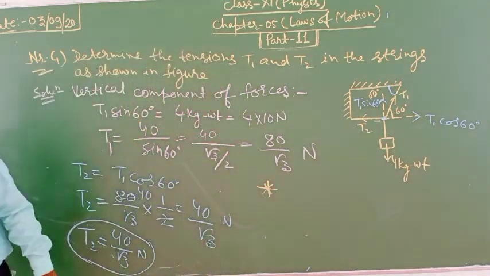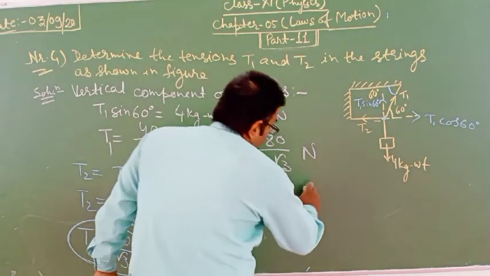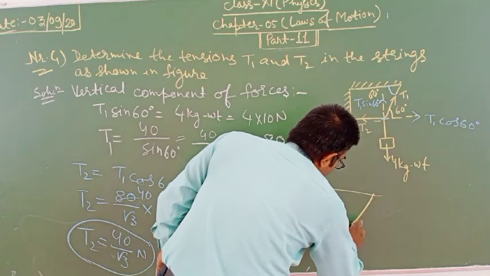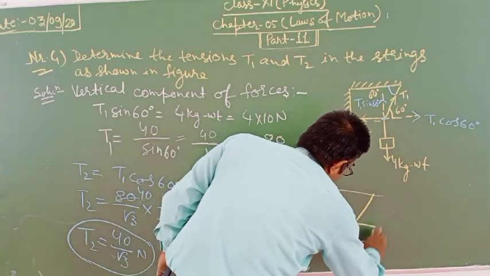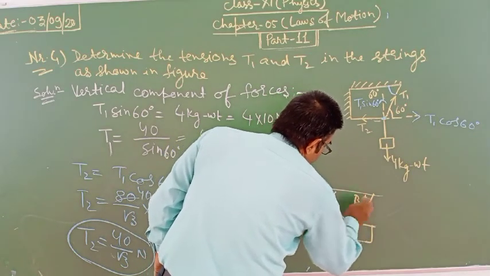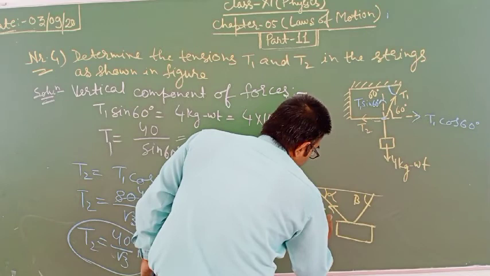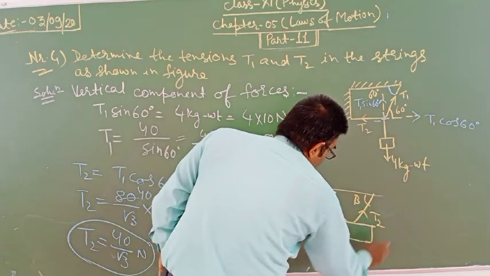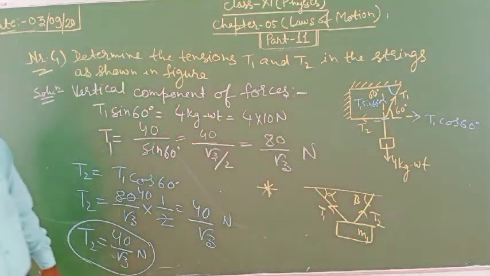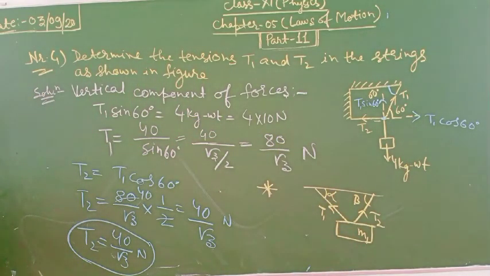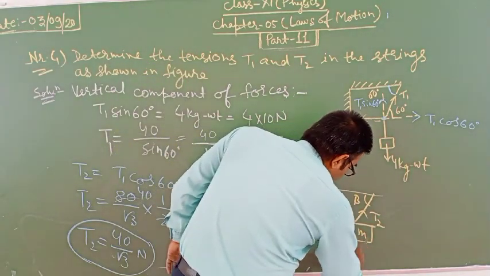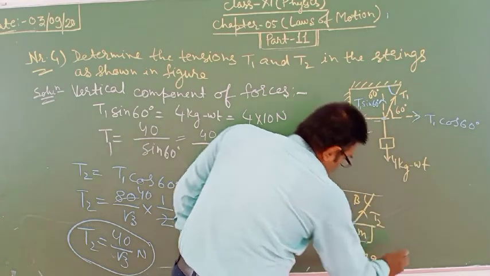Suppose alpha and beta are the angles, these are T1 and T2, and this is the mass M, with weight mg.